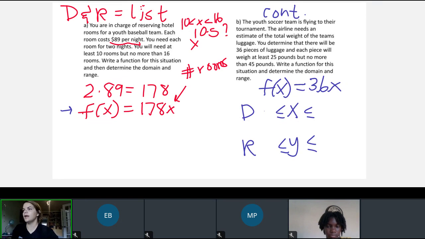Perfect. Part A, we cannot rent 10.5 rooms. So that's why on the top of this slide it says right here, domain and range have to be a list of numbers. So you'll list them out, 10, 11, 12. Okay. Good job, guys.